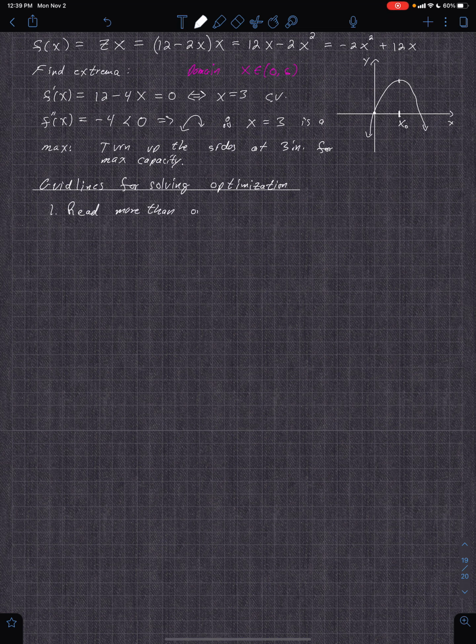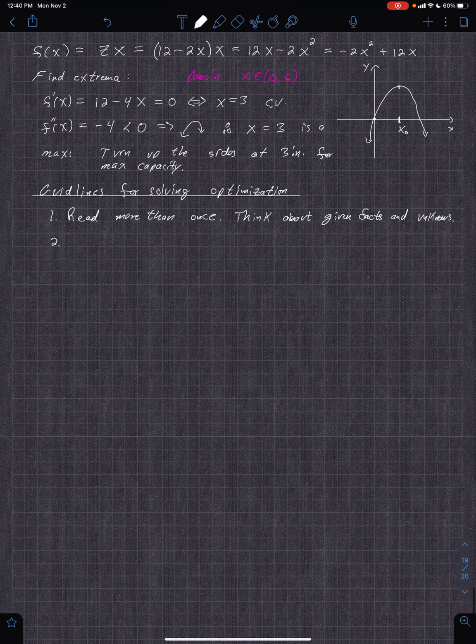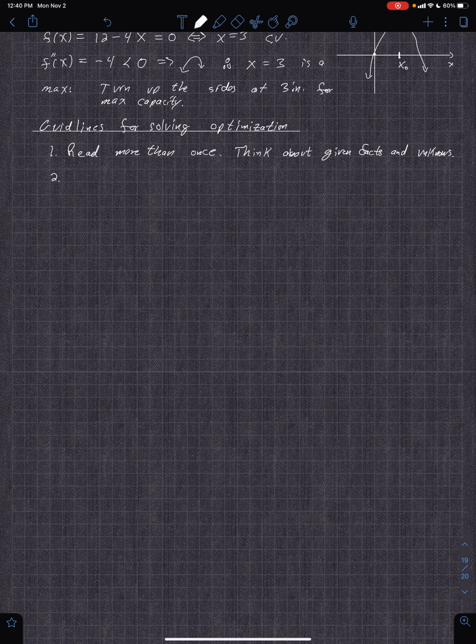As you're reading it, think about given facts and unknowns. So you read it through once and you're thinking about what the given facts are, what the unknown variables are, that kind of stuff.